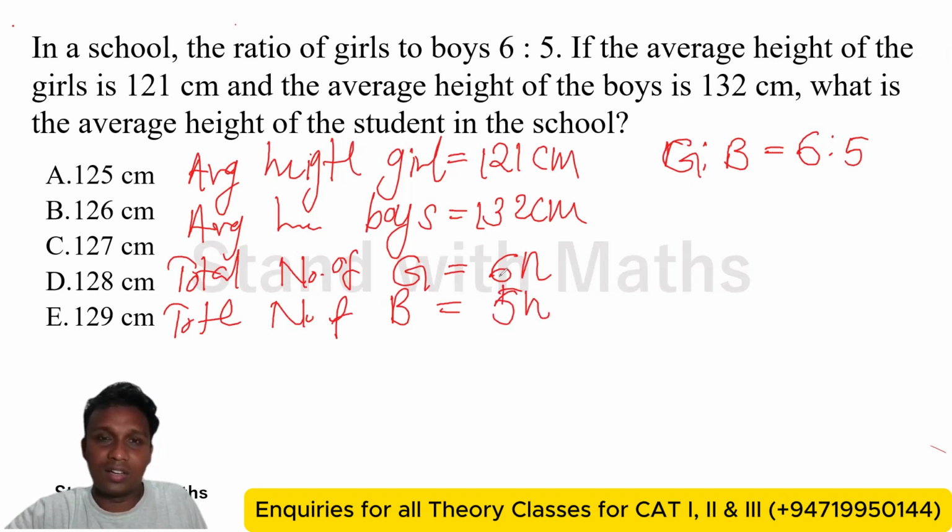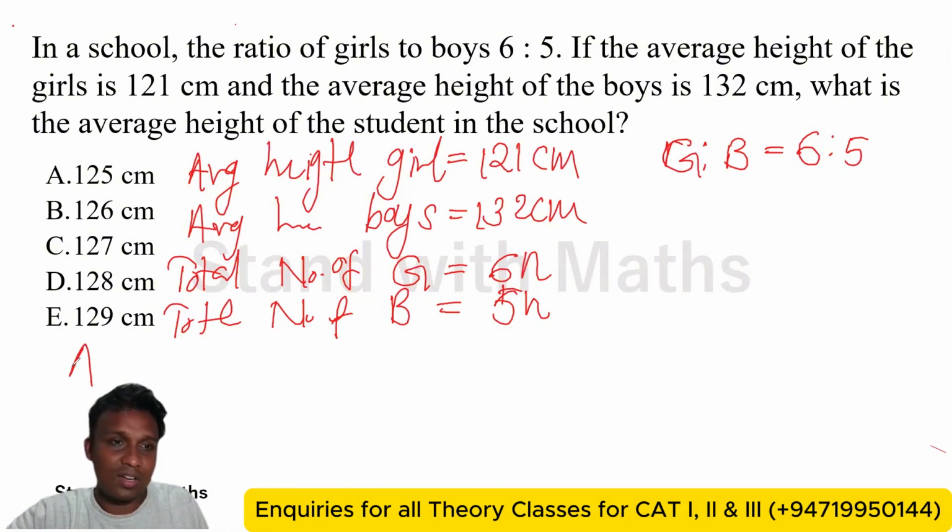Then 6n to 5n is the ratio; we can take 6 to 5, since n cancels. Now we know the total number of girls and the total number of boys.